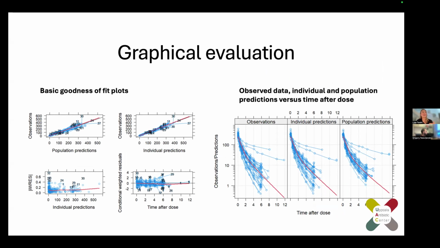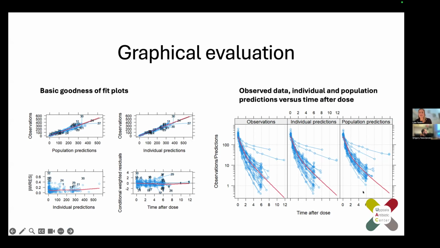And then you evaluate this on the way with graphical evaluations. A typical plot is, for example, basic goodness of fit plots, where you plot how observations relate to population predictions and individual predictions. You can also evaluate the residual error model, and you look for misspecifications or systematic trends.